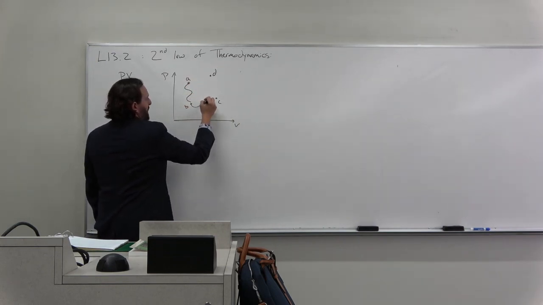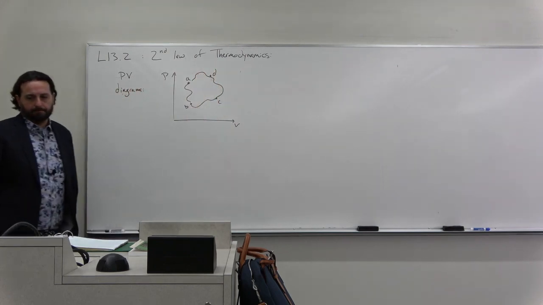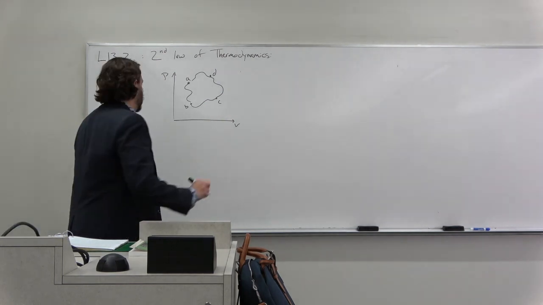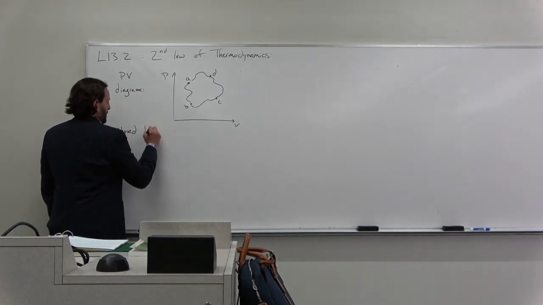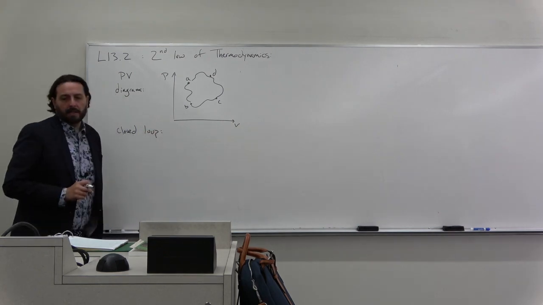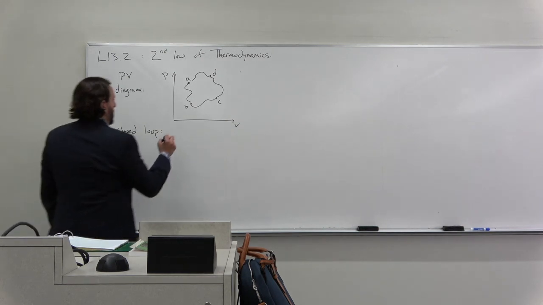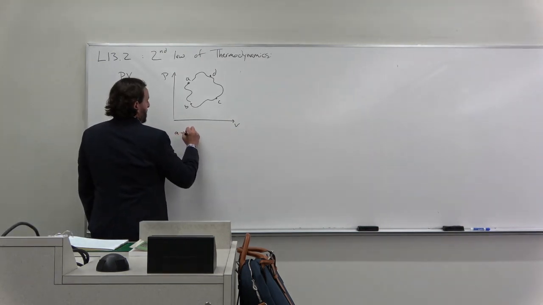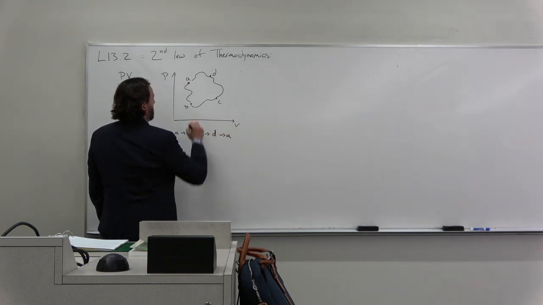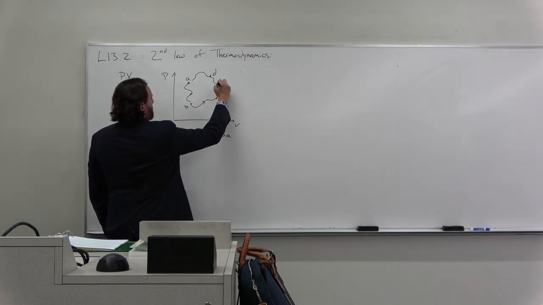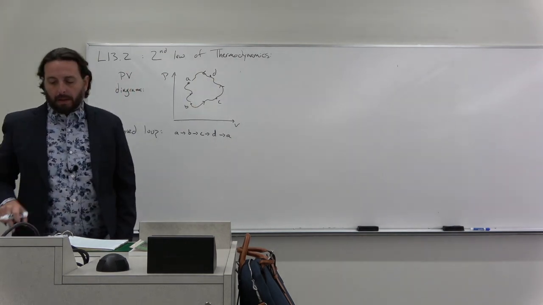And if I took some complicated path, what do we know about the closed loop? That's what I'm curious about, where we go from A, say to B, to C, to D, and back to A. Well, what do we know about this system?